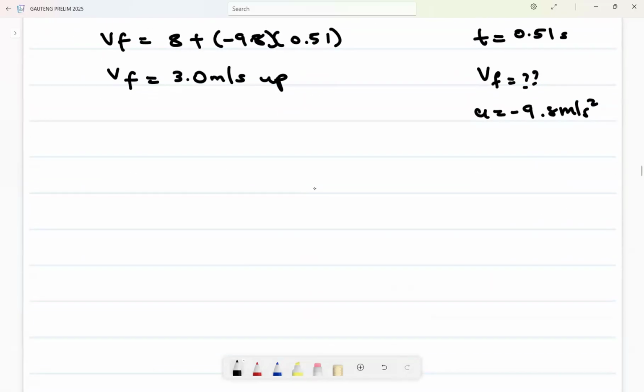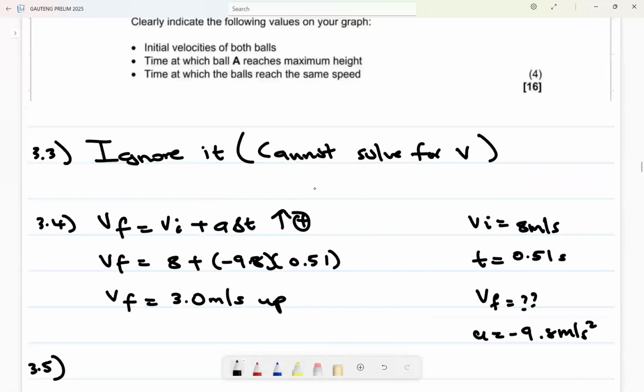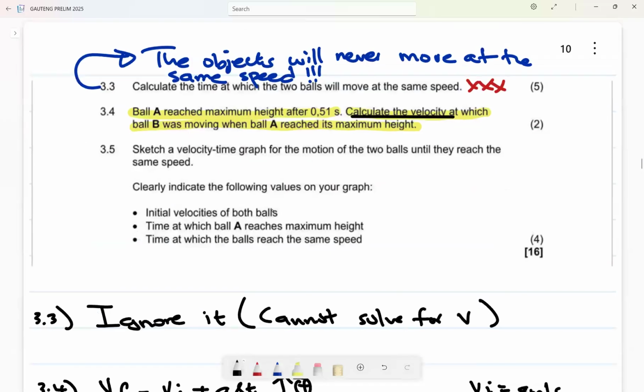And then the last one, 3.5, they say sketch the velocity-time graph for the motion of the two balls until they reach the same speed.